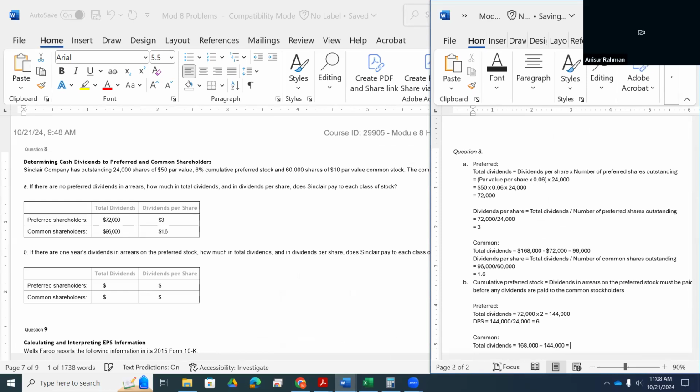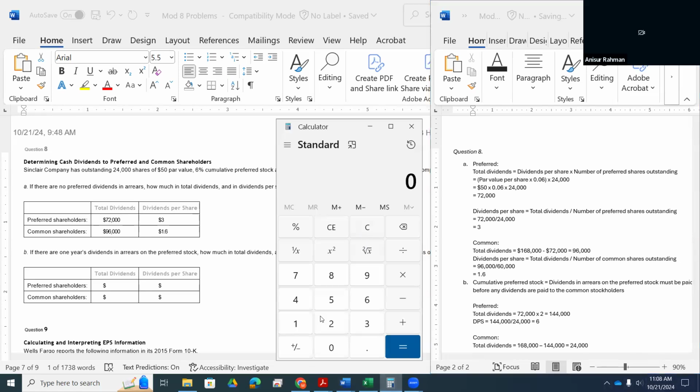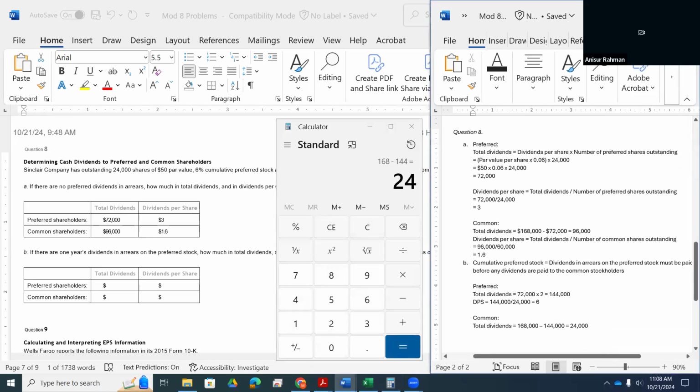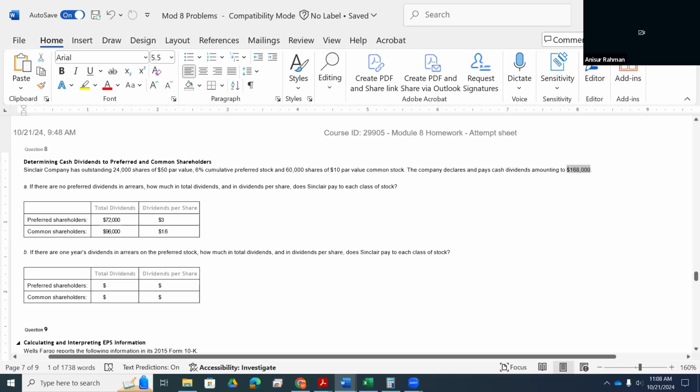So 168 minus 144 is 24,000. And dividends per share, in short DPS, will be 24,000 divided by our number of common stock shares, 60,000.